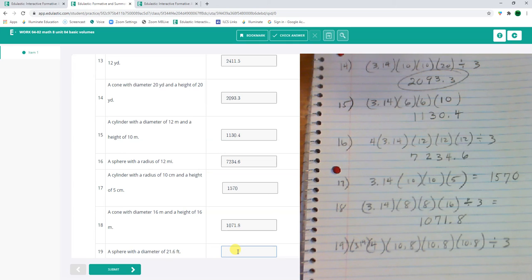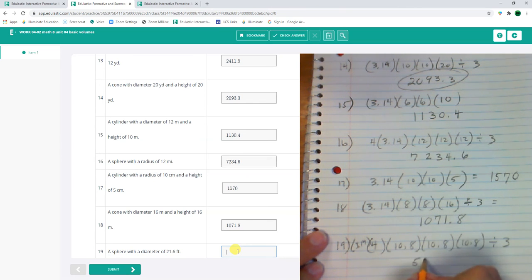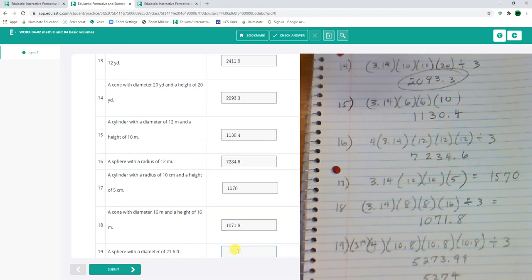So 10.8, and that's going to be 5273.99, which means it's going to be 5274 with the correct rounding.